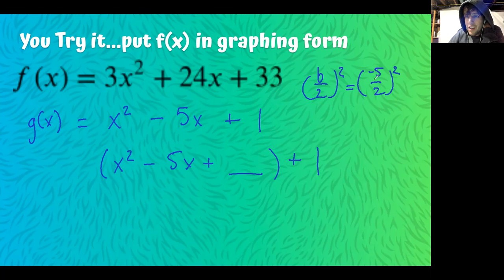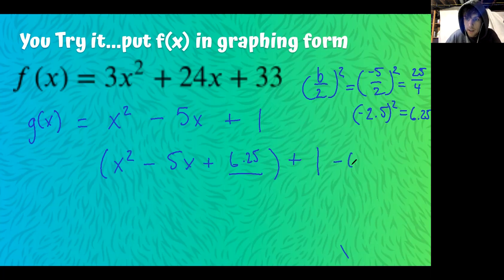I could do this as negative 2.5 squared, or I could keep this in a fraction and get 25 over 4. Doesn't really matter which way I go with it, since this is a terminating decimal and it would be okay. I'm going to go ahead and use the decimal version for now. So that's going to give me 6.25. That's what I need to add here.